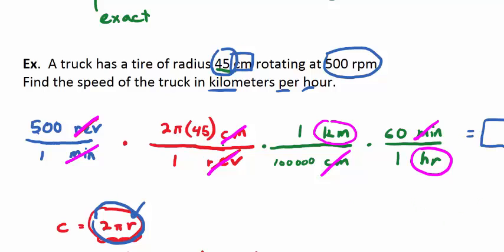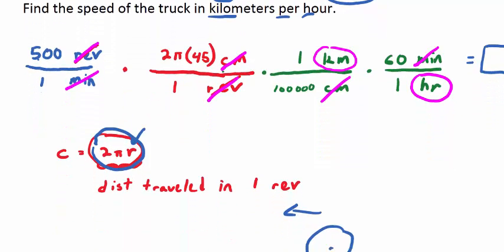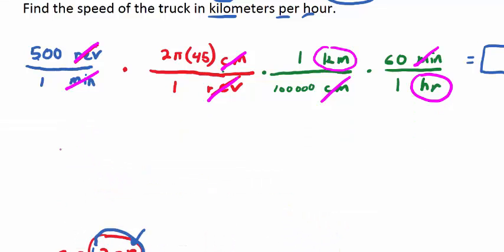So this is where you break out your calculator. Probably the easiest way to do this on your calculator is to do the numerators first, straight across. Take the 500 times 90 pi times 60, that's what would go on top, right?